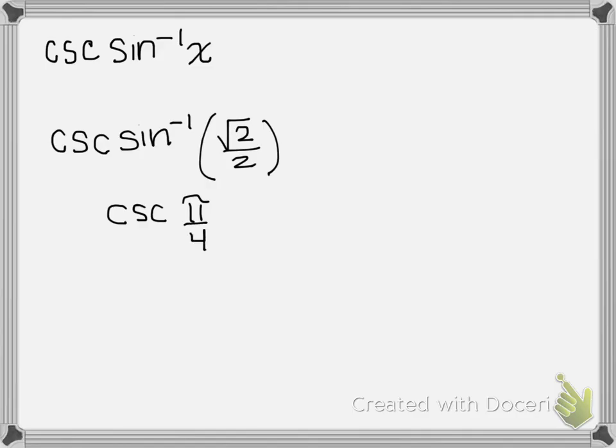And then the cosecant of pi over 4 is 2 over rad 2. Rationalize the denominator, and I'd get rad 2. So hopefully you're familiar with a problem like that if you're watching this video.